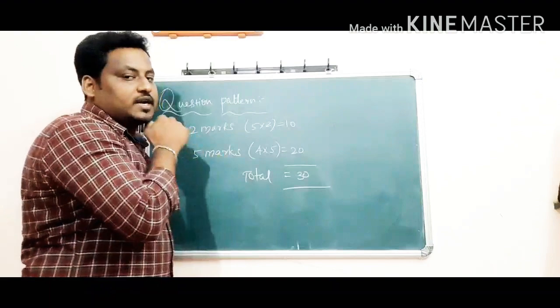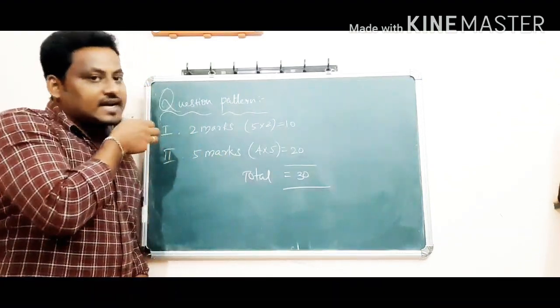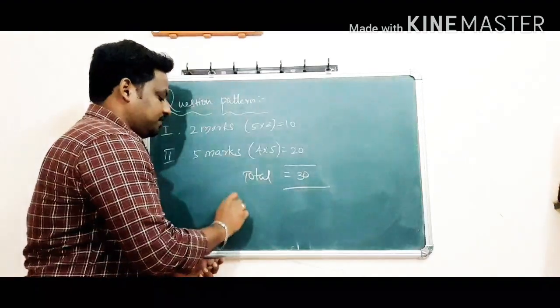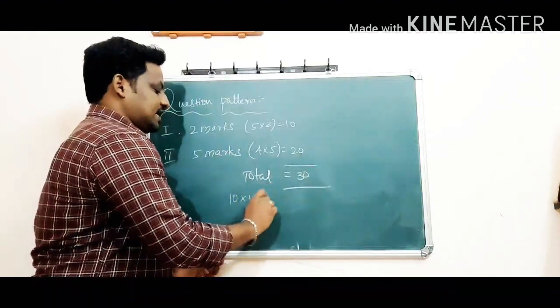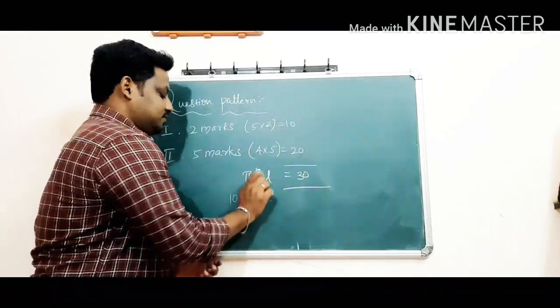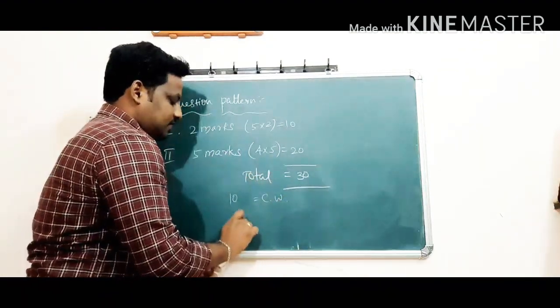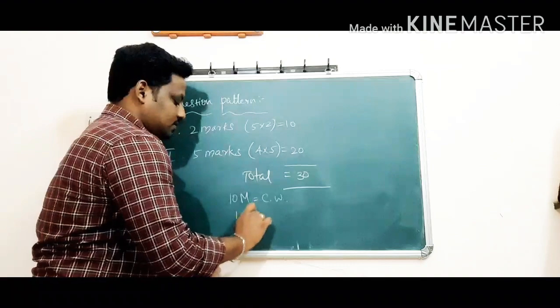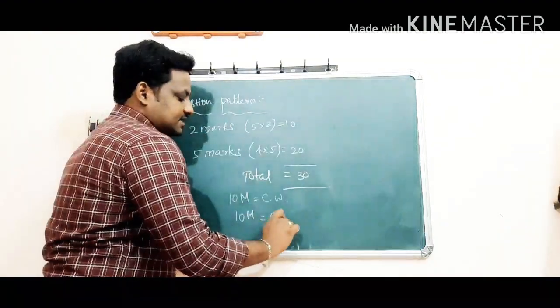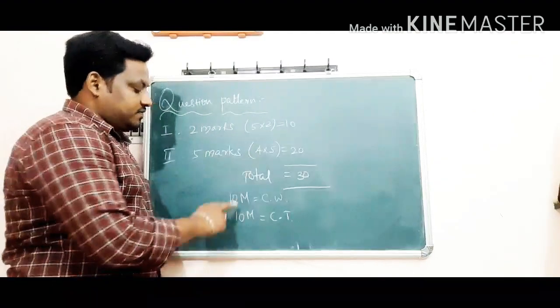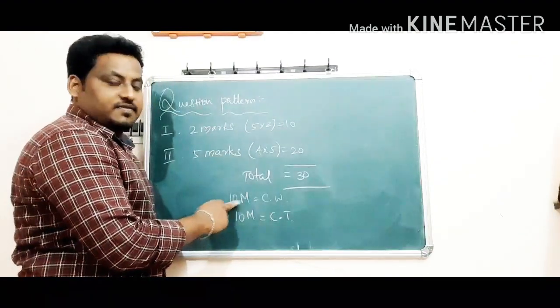And then the remaining 20 marks, your class teachers already told you: 10 marks for your classwork notes, and 10 marks for the class test. The test I will conduct later. So first, 10 marks for your classwork.